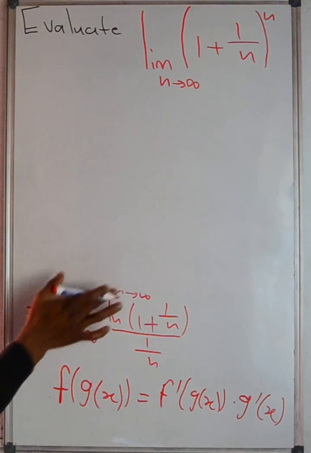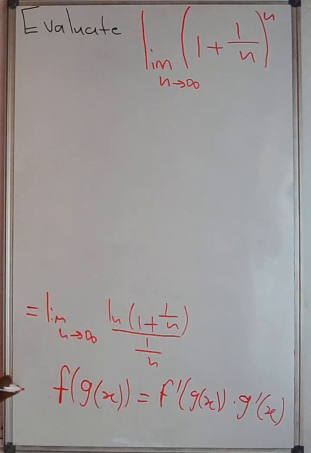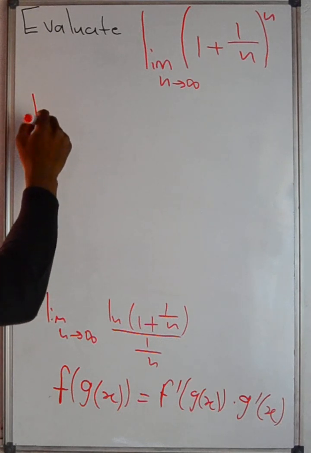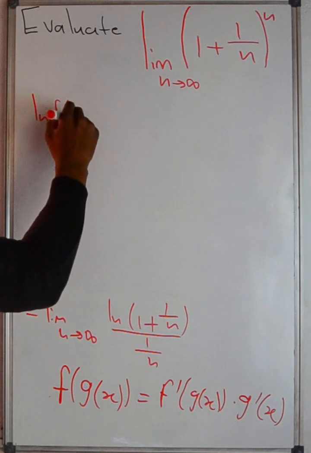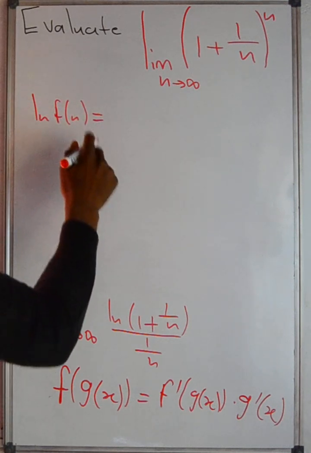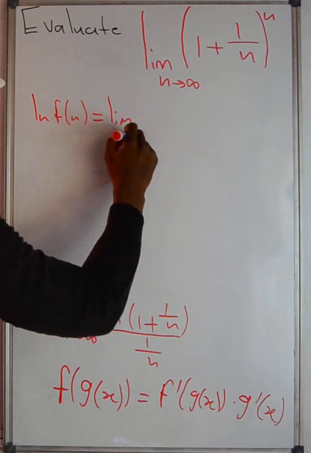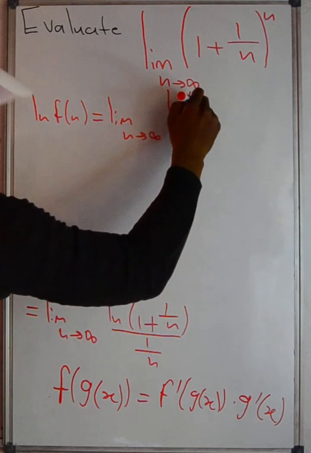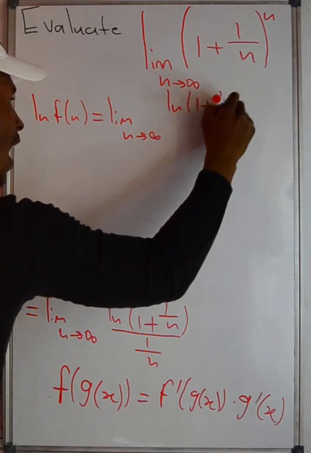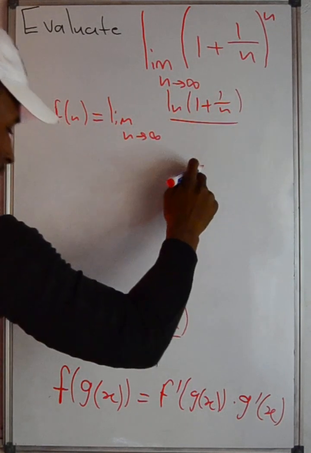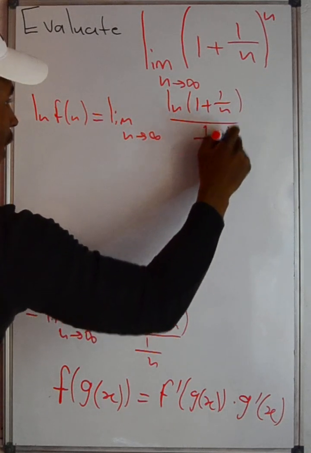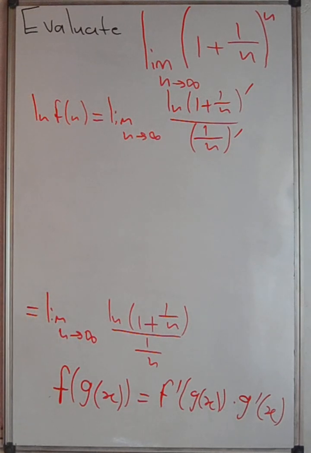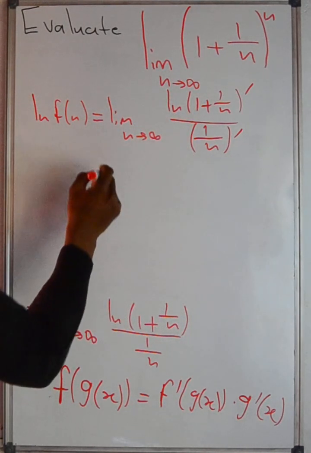So using this, we can see that, don't forget, ln of f of n is actually equal to the limit of n approaching infinity of ln of (1 plus 1 over n) all over 1 over n. And we are going to use L'Hopital. We are going to differentiate this and also differentiate that.